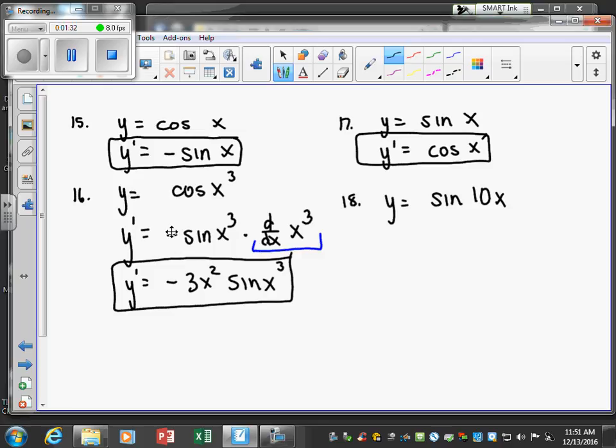It's like a function within a function. So the derivative of this is just going to be what? Cosine of x, so cosine of 10x, but we also have to account for times the derivative of this term, which is the derivative of 10x. What's that going to simplify to? 10 cosine 10x. Good.